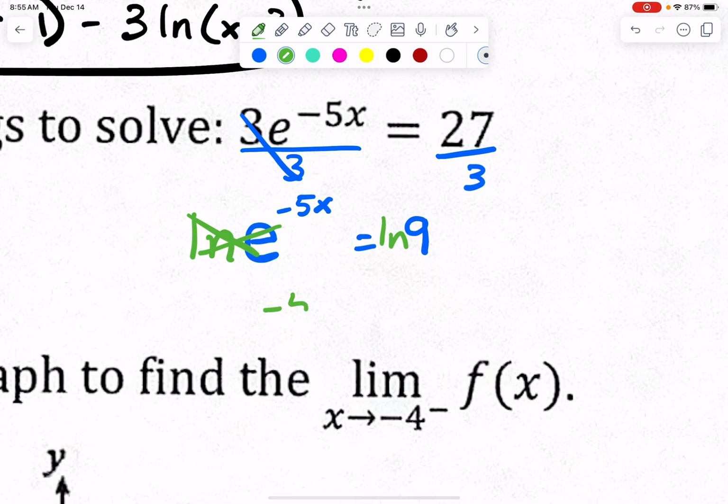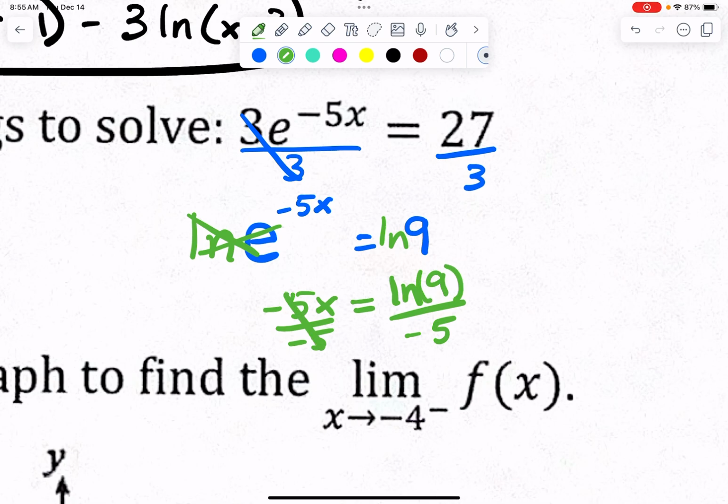So the negative 5x will come down in front, equals ln of 9, and then I'm going to divide by negative 5. So I can type this in all in one shot if I want to, but make sure that if your calculator opens up a parenthesis for ln, that you close it before you divide by 5. Let's see if I can get my calculator to do this.